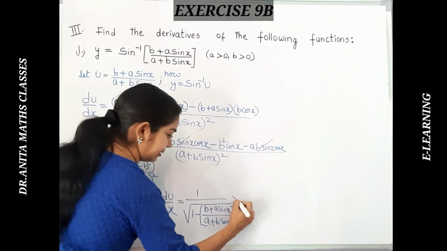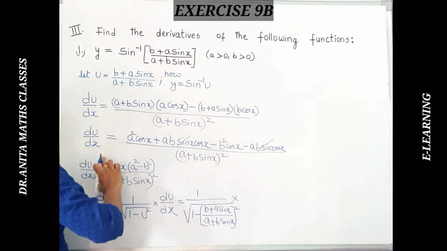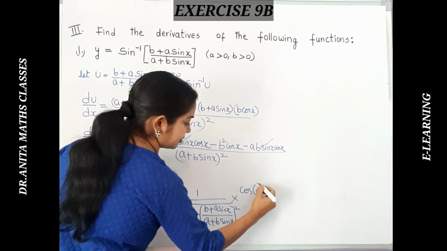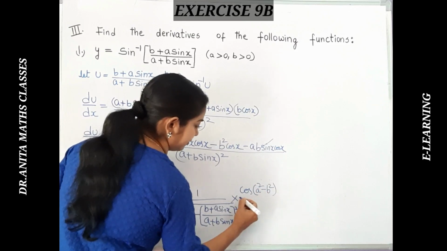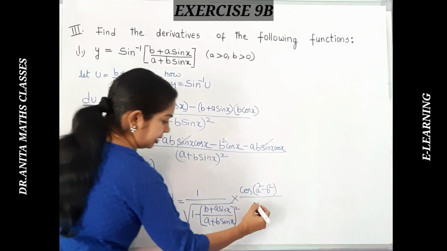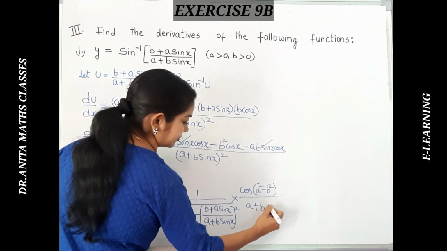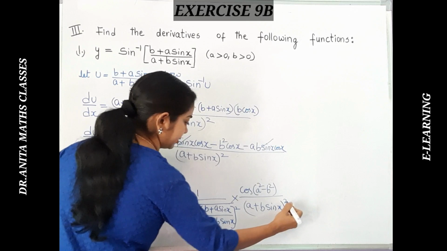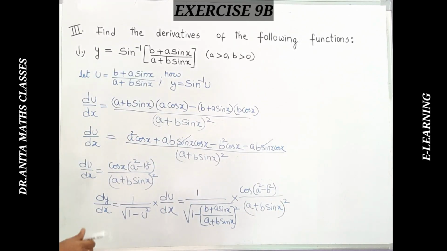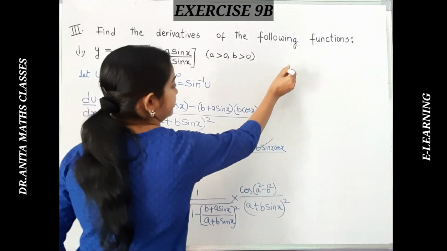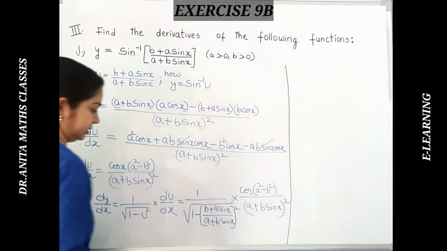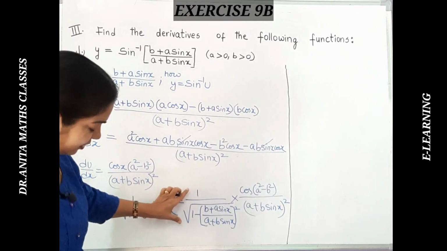Okay, multiplied by, we know du by dx is this one, the simplified version. This is cos x into a square minus b square divided by a plus b sin x whole square. Right, now we will move on to the other part here. Let me make a partition here. Yes, okay, we will simplify this.